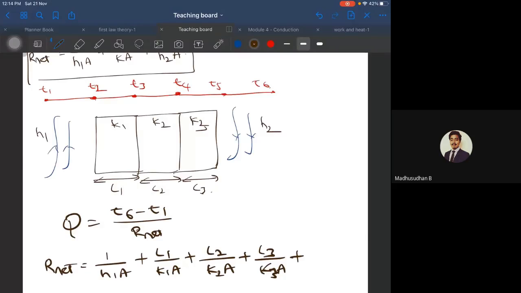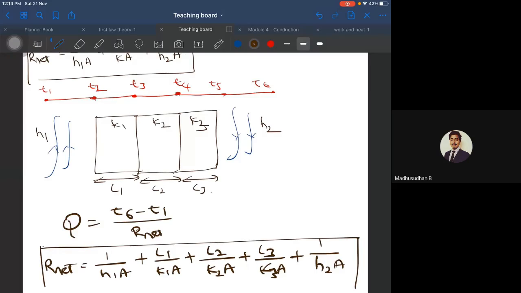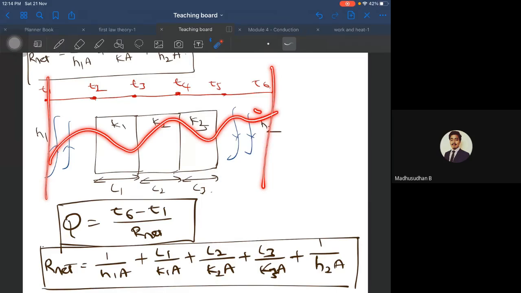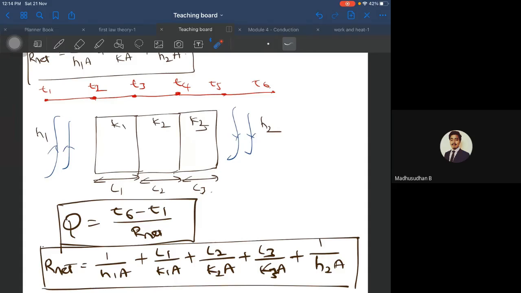How am I supposed to calculate that particular resistance? 1 divided by H2 into A. So if you manage to calculate the resistance offered, then easily you can calculate the heat transfer from this particular point to this particular point, by this analogy.